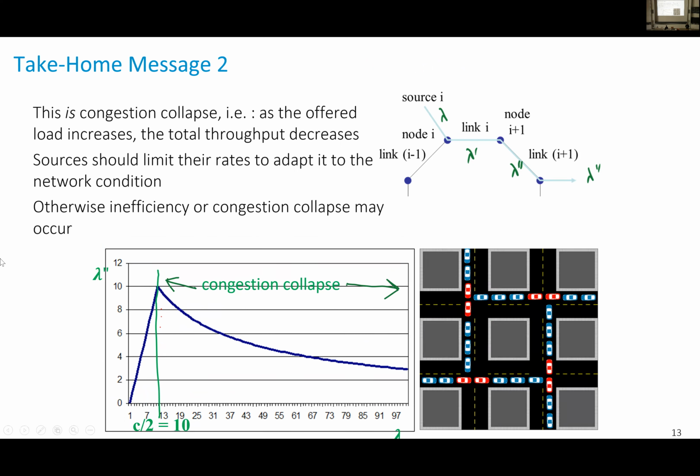Of course, we cannot produce more than what is in place. This network cannot carry more than C packets per link. So it has a capacity. But what we would like is that when we are at capacity, we serve at least for the capacity of the network. So the first thing to remember is there's a distinction between congestion and congestion collapse.